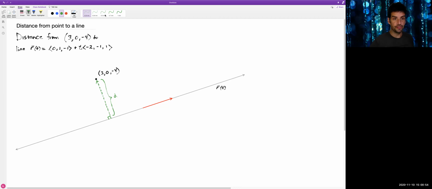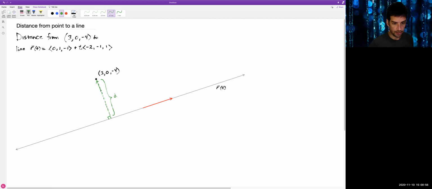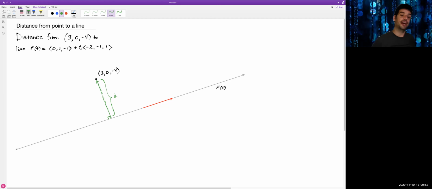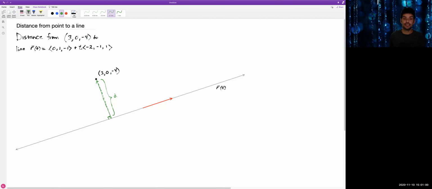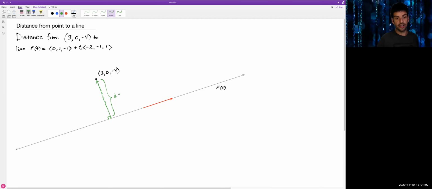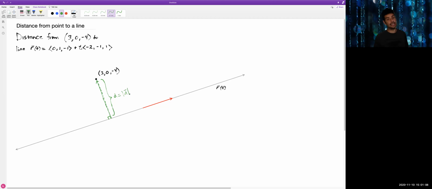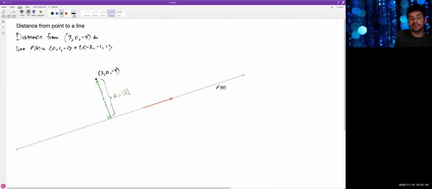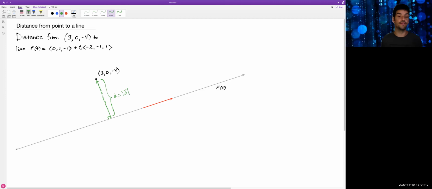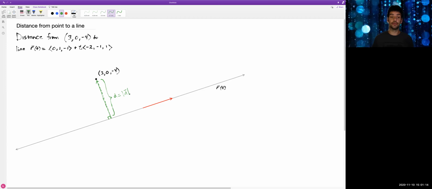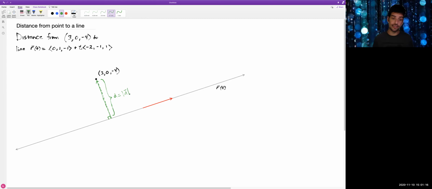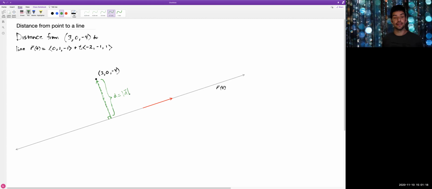If I had that vector, I could easily find the distance. So let's give that vector a name, and let's just use the d we've already used. So the vector d, its magnitude is equal to the letter d. The letter d is the scalar, which is the magnitude of this vector d that is perpendicular to the line r of t, and it spans that distance.